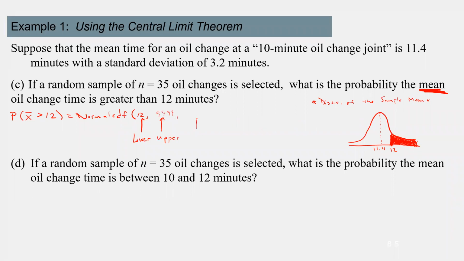The next thing you put in then is the mean. What was the mean here of the sampling distribution of X bar? Yep. And then the next thing you're going to put in is the standard deviation. What number am I going to put in there though?